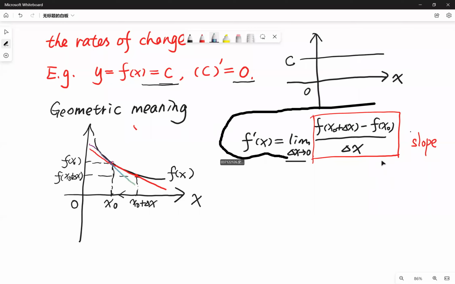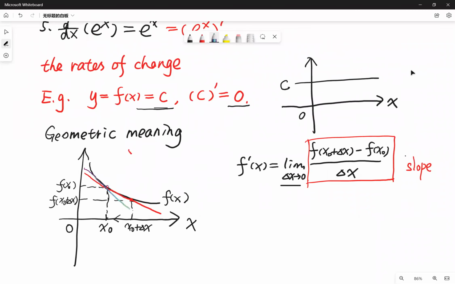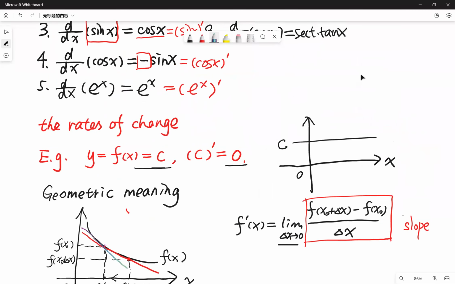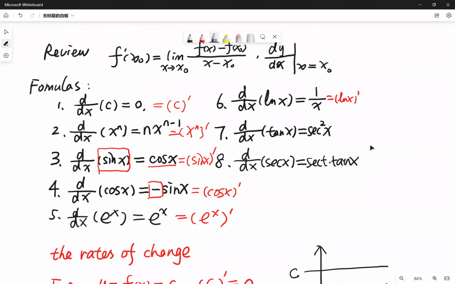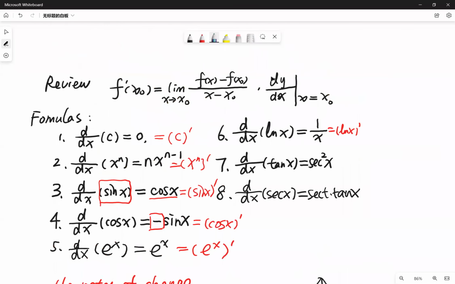This equation, the definition of the derivative, is the equal one.